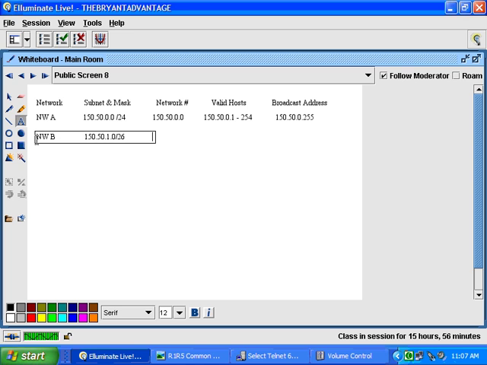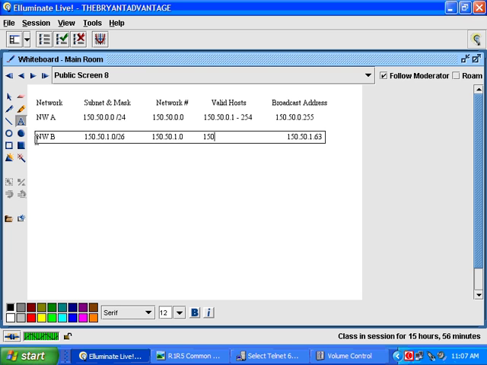That's why we call it variable length subnet masking. You call it that in the CCNA too, but you're not really doing it yet. 150.50.1.0 for our network number. Let's go down to the broadcast address. If you want to put the broadcast address next in your column, that's fine. 1.63, so we know that everything in the middle of that is a valid host address.